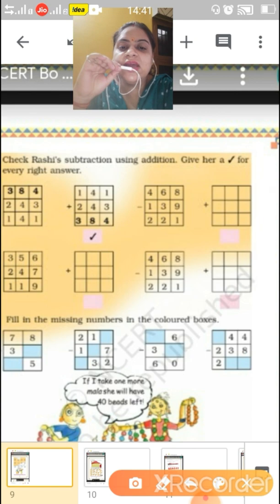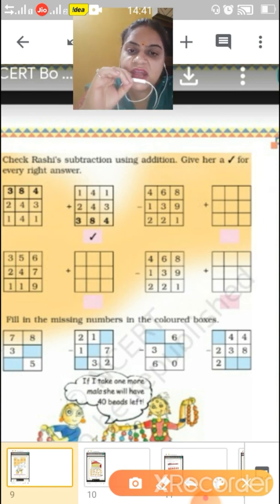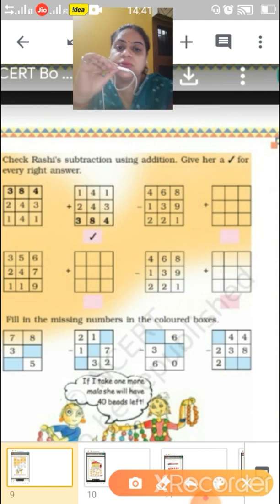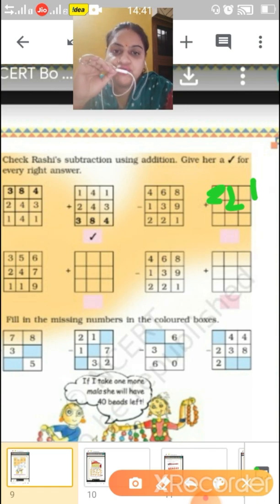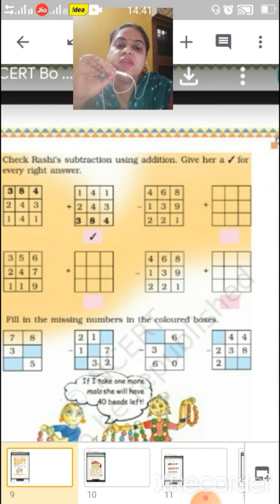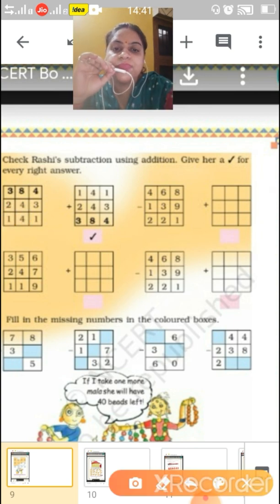Like it is 468 minus 139. Okay, so we are getting 221. So when we are writing here 221, what answer are we getting? In the first column you will write 221, then you will write 139.